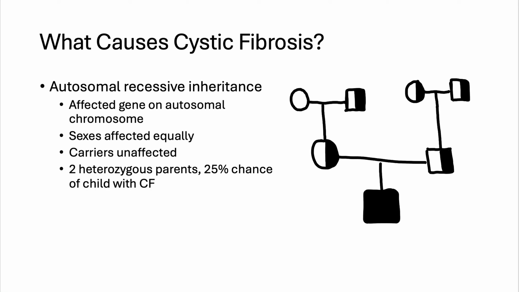Anybody can have it. Also, if you have two heterozygous parents who are both carriers for it, but they're both unaffected, they can still pass it to their children. So if said two heterozygous parents do have kids, there is a 25% chance that their child will actually be affected with cystic fibrosis, even though the parents are just carriers and unaffected.